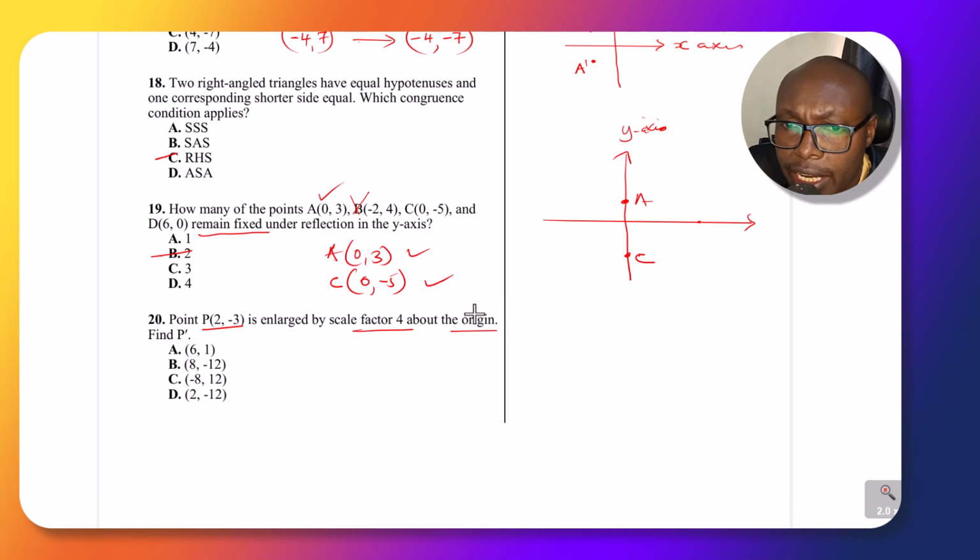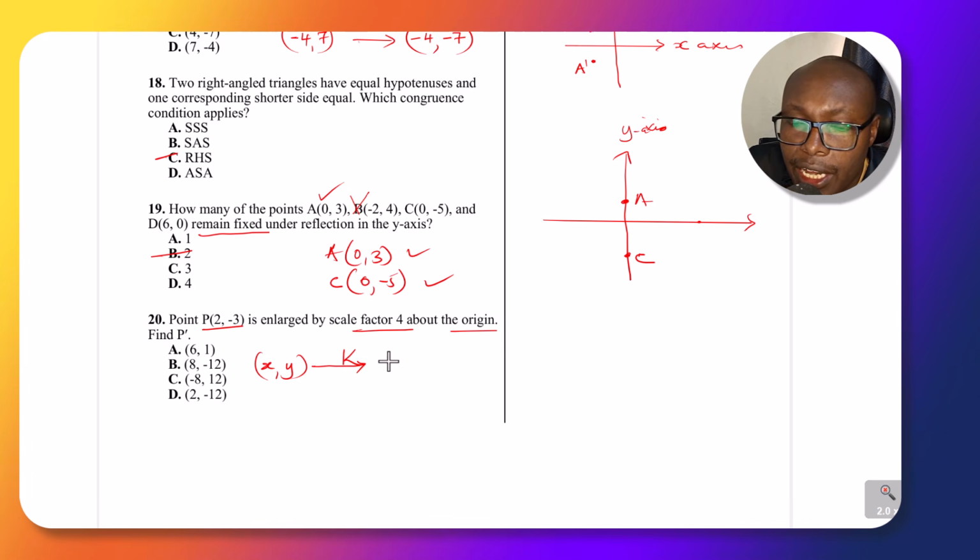For any enlargement with scale factor K, of, let's say, a point x, y, this formula applies only if the center of enlargement is the origin, that is 0, 0.